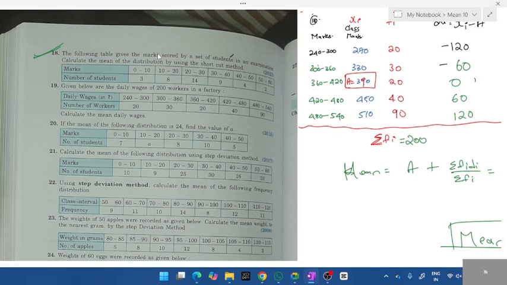You can just revise 19 and 20. Mark 19 and 20 as important. Other questions, you can just skip those. Okay. So when it comes to the assumed mean method, 19 and 20. Remember 19 and 20 questions, practice those.